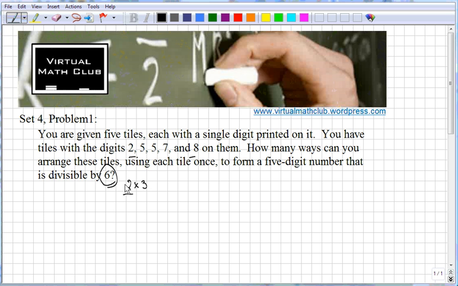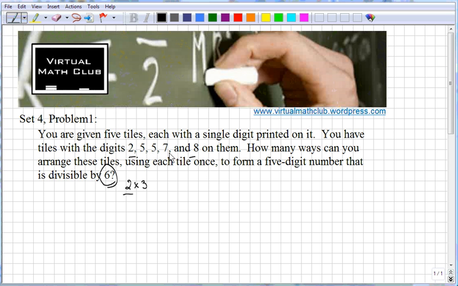And in order to be divisible by 3, the sum of the digits has to add up to a number that's divisible by 3. So you can see that 2 plus 5 plus 5, that's 12, plus 15, 7 plus 8 is 15. That gives us 27, which is a number that's divisible by 3.